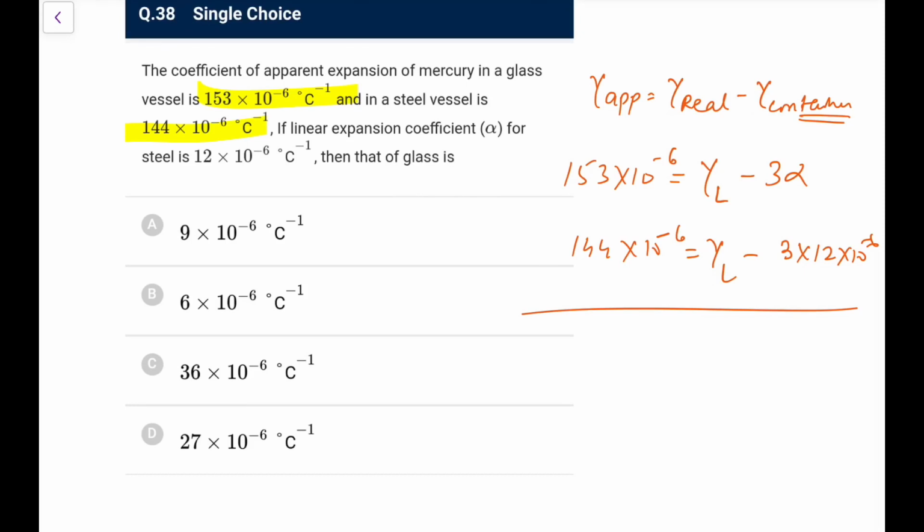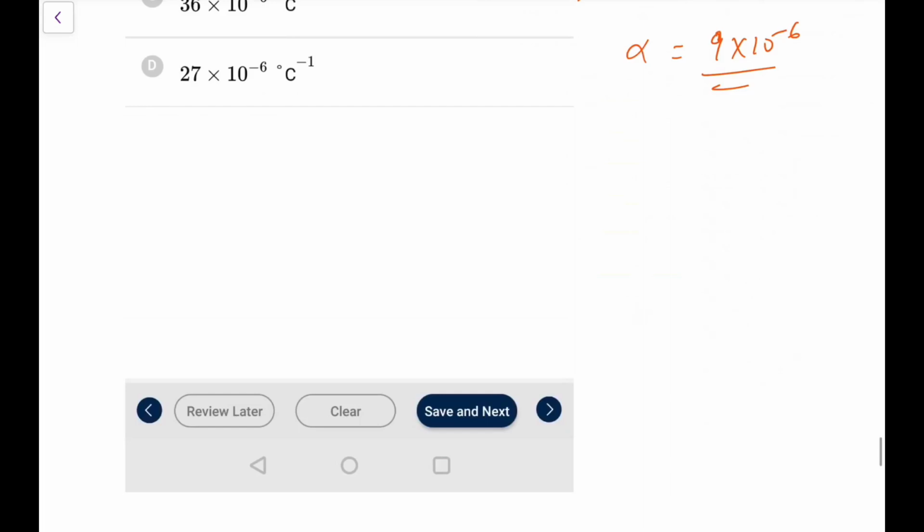So if I subtract, then 9 into 10 raised to power minus 6 would be 36 minus 3 alpha. This power 10 to the power minus 6 I can take out, assuming alpha will be in 10 to the power minus 6. So alpha will come out as 36 minus 9, 27 by 3, that is 9 into 10 to the power minus 6. So go for option A here. So there they have given the right one.